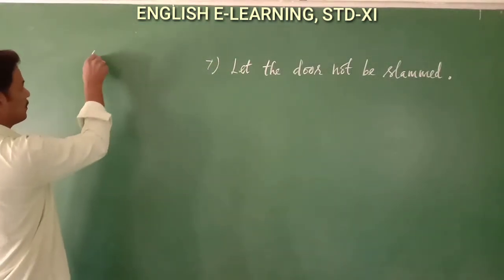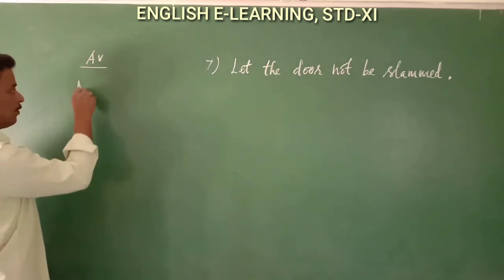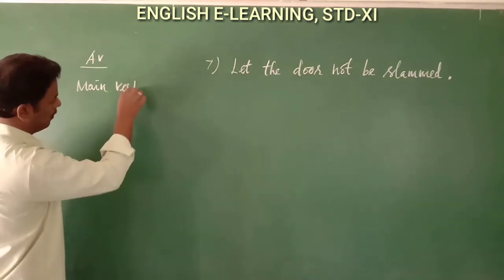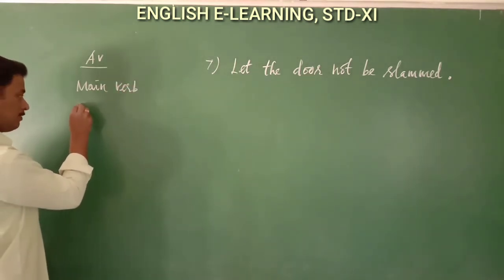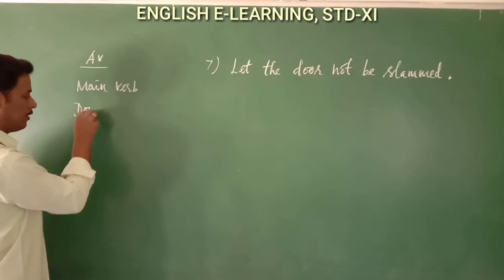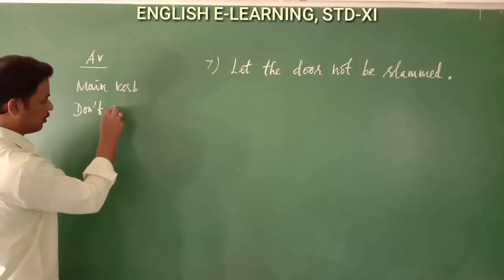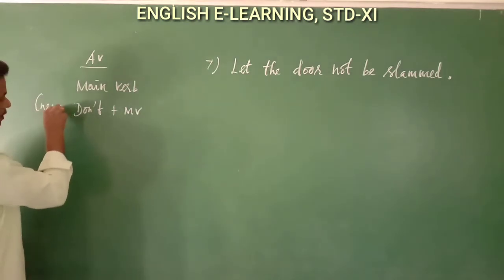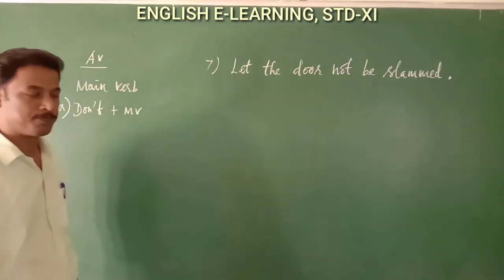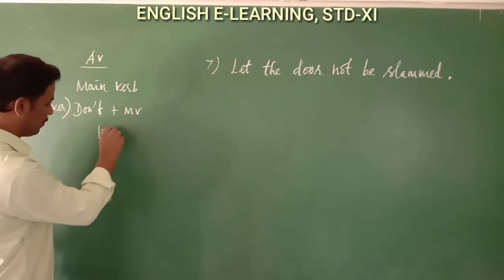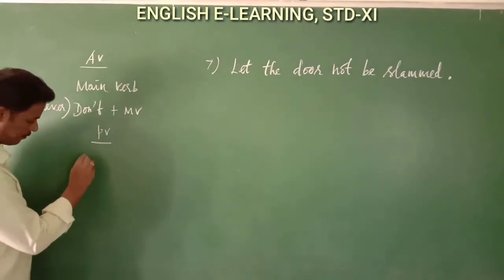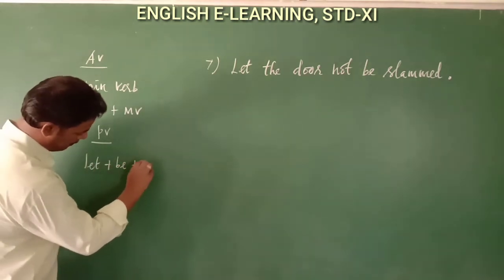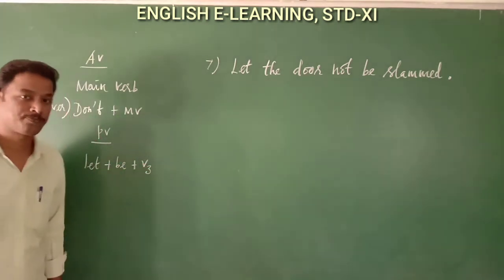In active voice, if we have only the main word, or if we have the negative main verb, don't plus main verb, or never plus main verb, the passive rule must be let plus be plus verb 3.